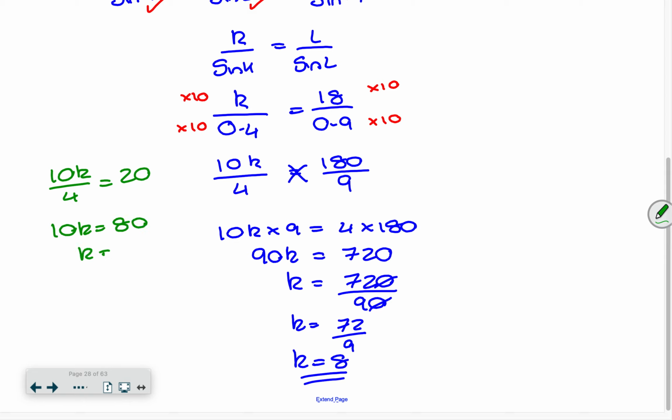So k is equal to 8. Probably a lot quicker than the way I did it in blue there, but the blue method was just how my brain approached that there. You might have just thought go the green way, and that's absolutely fine if that suited you best.